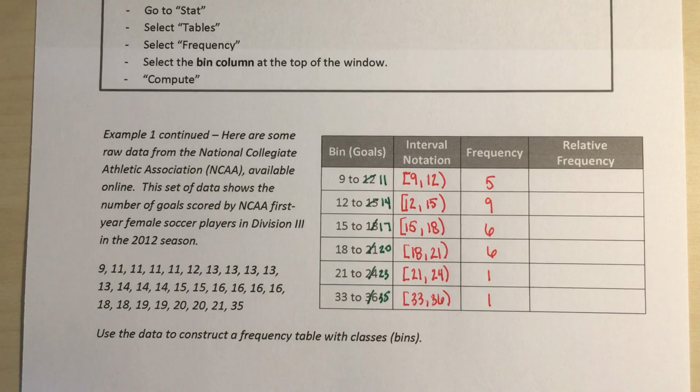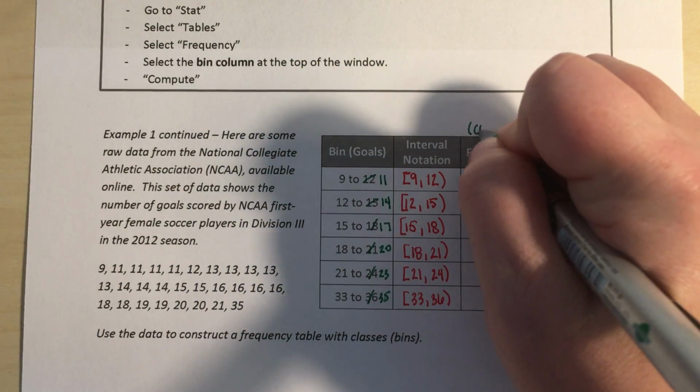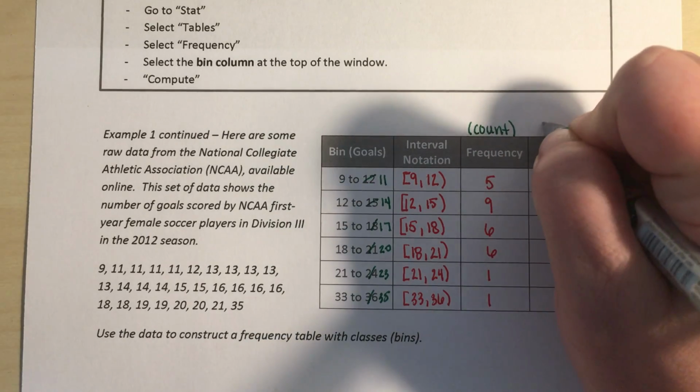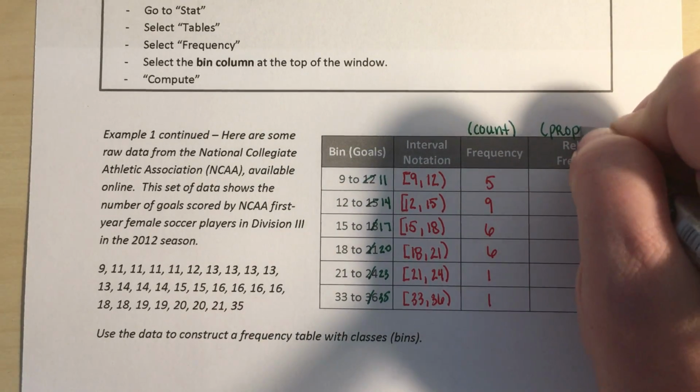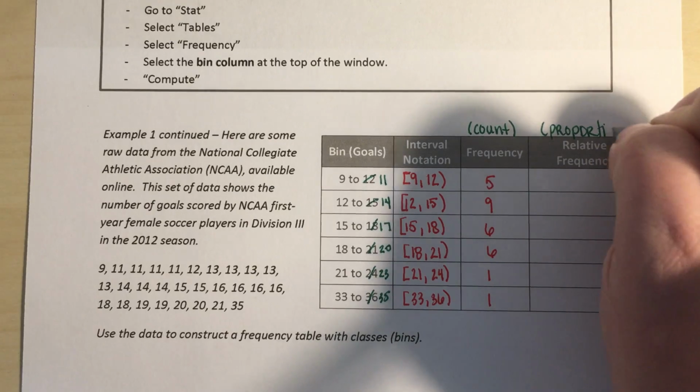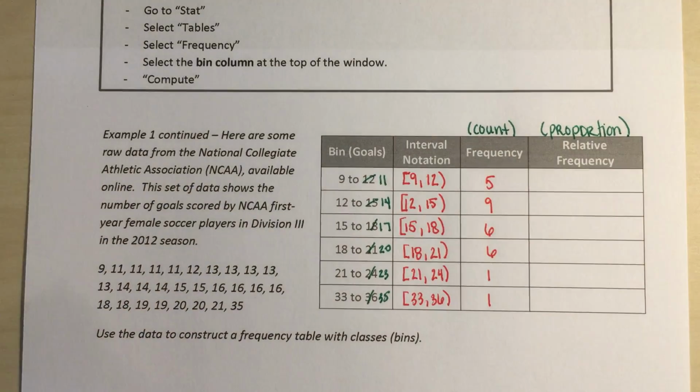Our relative frequency is still a proportion. We're still counting to get our frequency, so we'll go ahead and label counting to get our frequency, and we're finding a proportion for our relative frequency. The only thing that's different is we're not looking at individual data values, we're looking at groups. But we still find our relative frequency the same way.